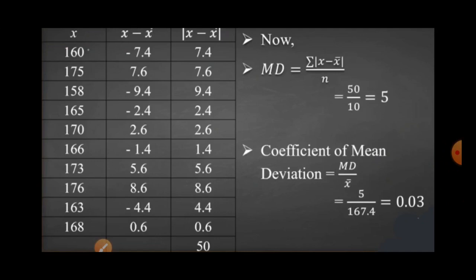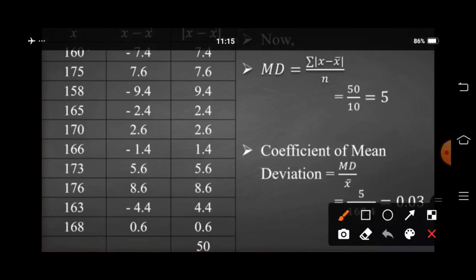So whatever we have written in minus, here minus 7.4, if we convert into absolute value, it would be 7.4. 7.6 remains positive 7.6. Minus 9.4, here the minus is removed, only positive numbers will be there.